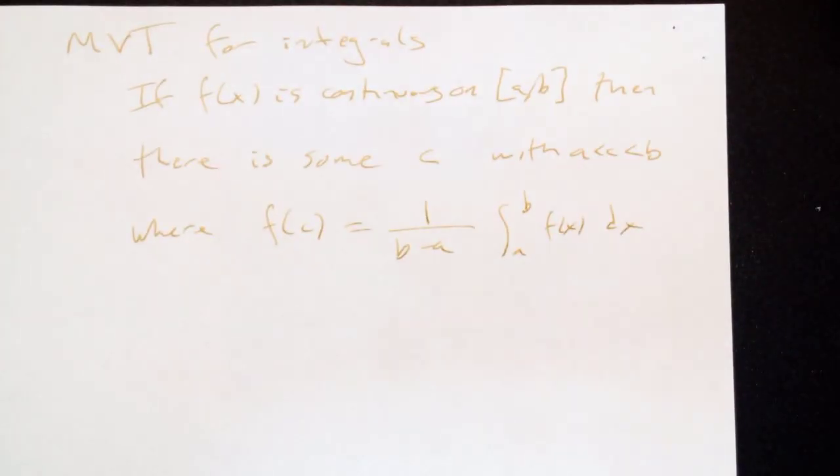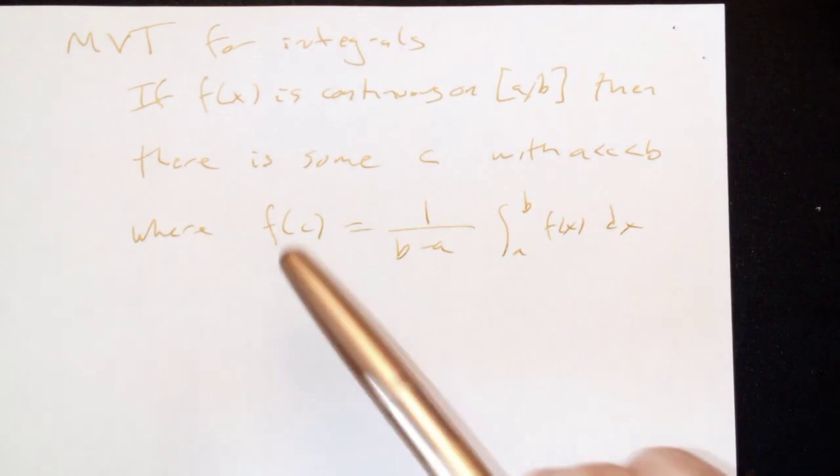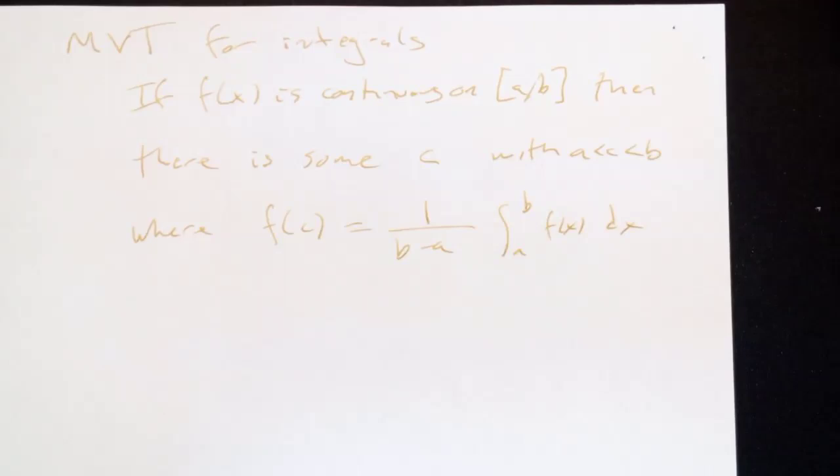There has to be some x value, call it c, where that c has a y value that's exactly the same as my average value. So it works when I think about slopes. It also works when I think about outputs. There is always some point where that horizontal line crosses the curve. And I can find it. I can find it algebraically. I can find it using the technology on my graphing calculator.